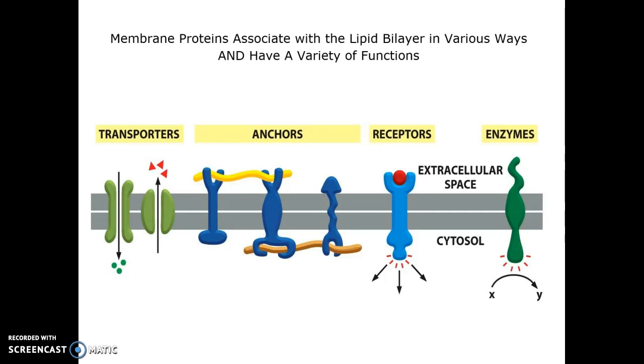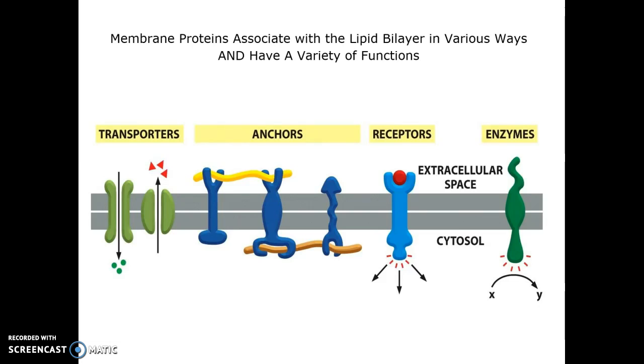An extracellular signaling molecule binds to it and causes some sort of signaling cascade inside of the cell so that the cell can react to its environment. Or they can be enzymes. All of the enzymes associated with oxidative phosphorylation and the generation of energy are membrane-bound proteins.